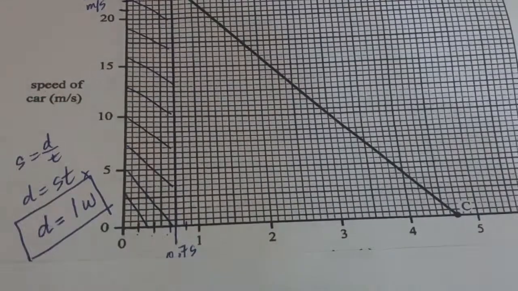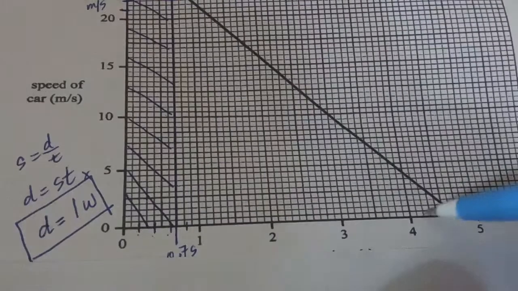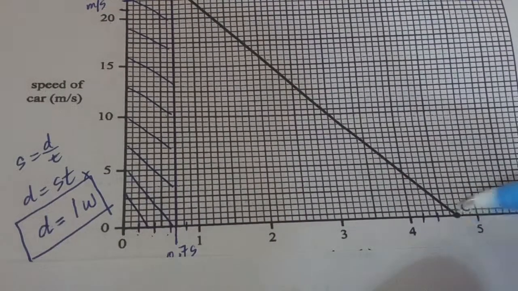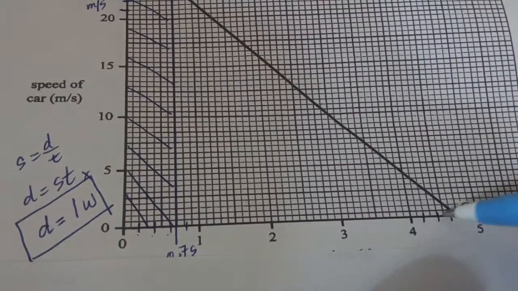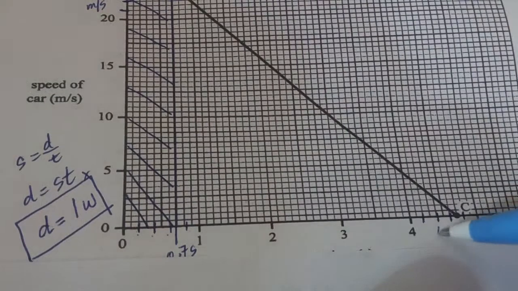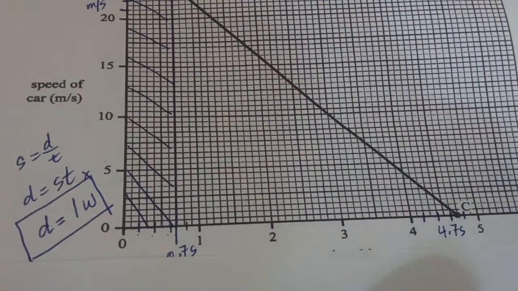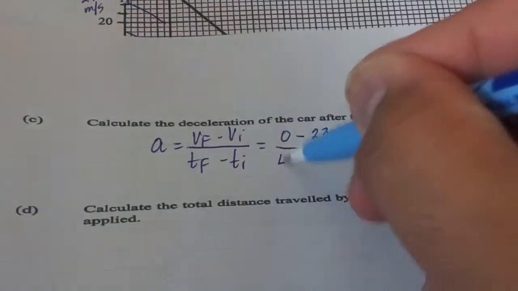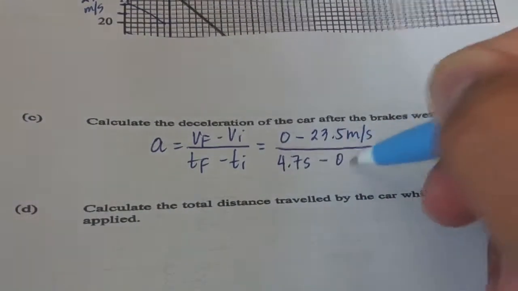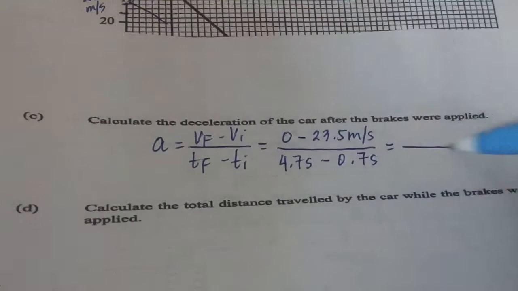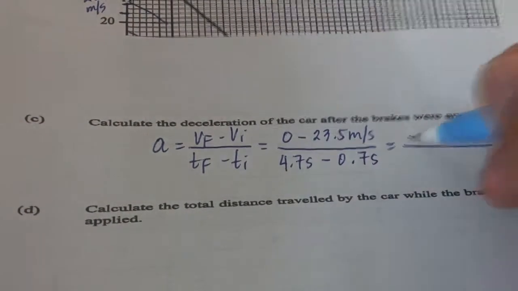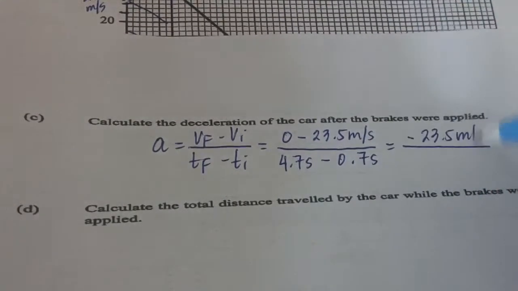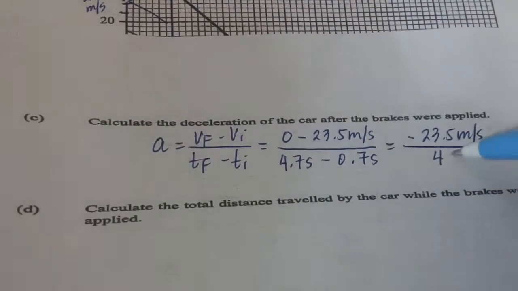So let's measure the final time here. It is 2, 4, 6, 8, so that would be 4.2, 0.4, 0.6, 0.7. That's 4.7 seconds. So you will write here 4.7 seconds take away 0.7 seconds, and that would be negative 23.5 meters per second divided by 4 seconds.